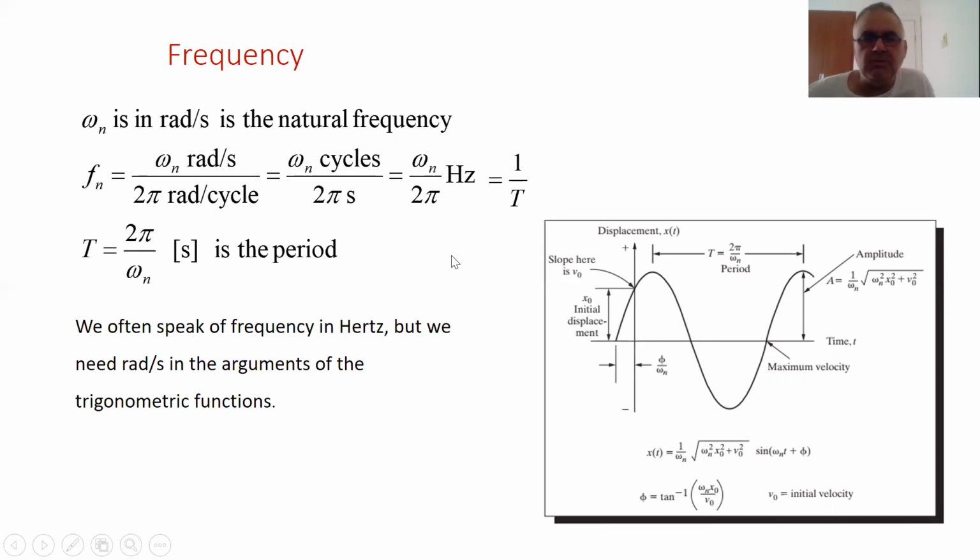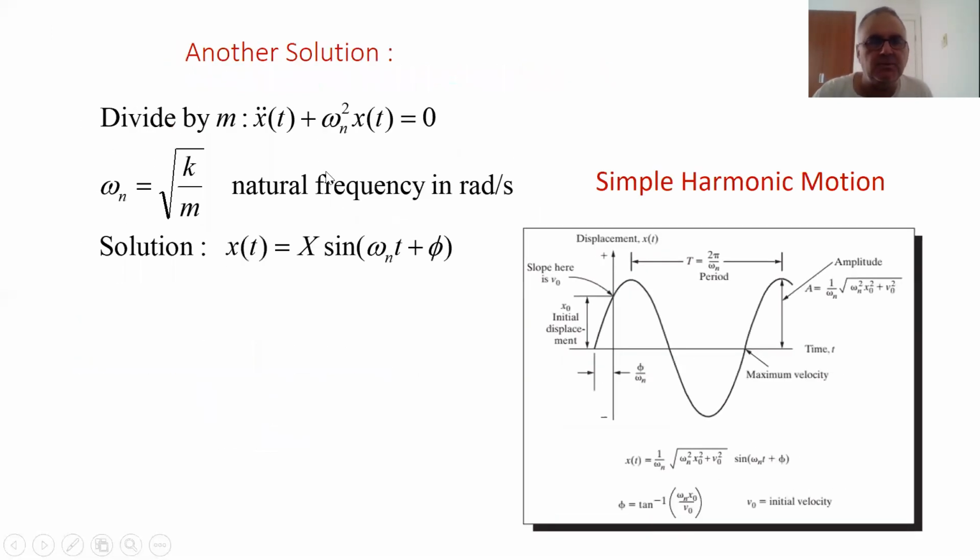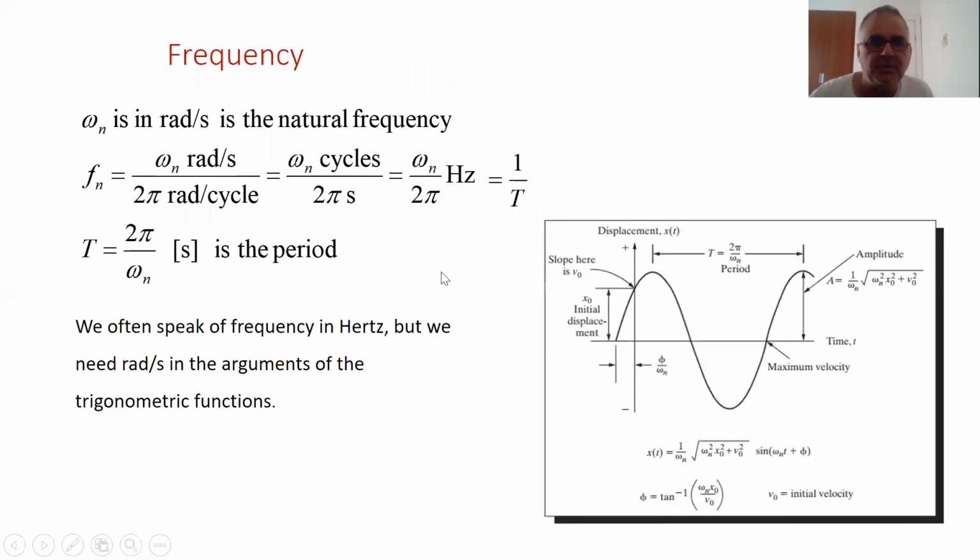Now, in technical units, we usually use hertz, but for calculations, we need to use radians per second because it's necessary for the trigonometric functions. So if we want to find the amplitude and phase from the initial conditions, as you remember, x equals X sine (omega n t plus phi).